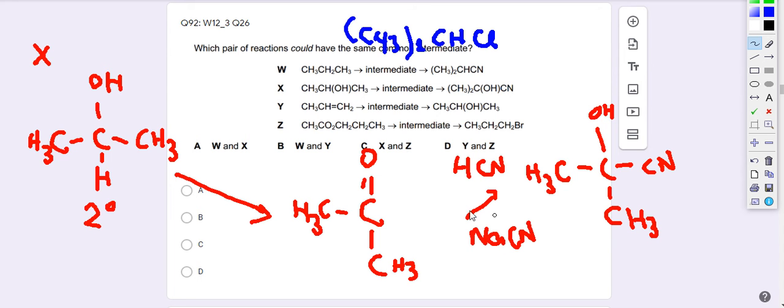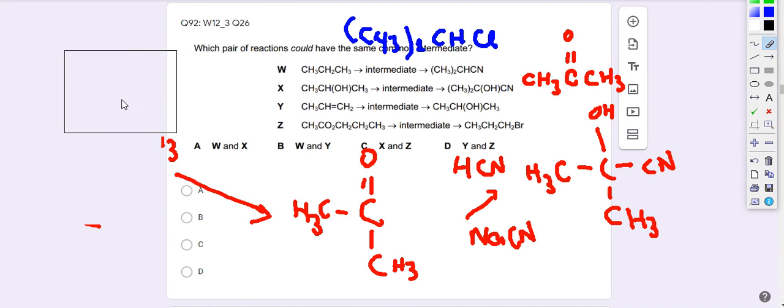So cyanide ion is added to this carbon, and then the H is added to the O. So we get hydroxynitrile. Therefore, for X, the intermediate is ketone. I'm going to write the answer here so that we can compare later, because we are finding which two reactions have the same intermediate. But obviously W and X do not have the same intermediate.